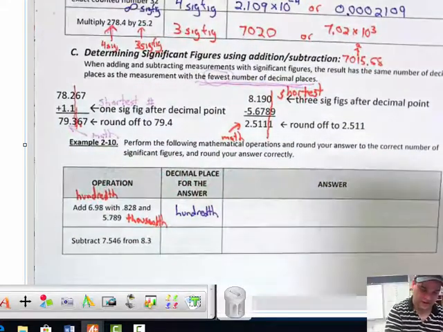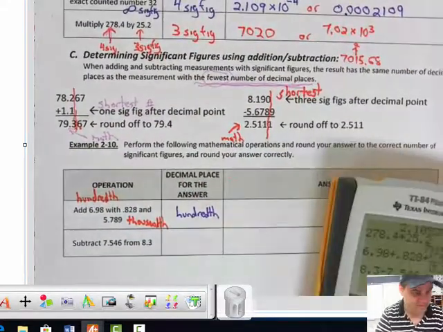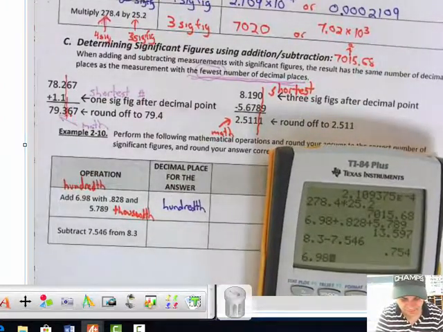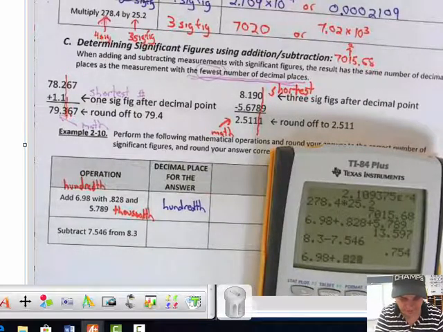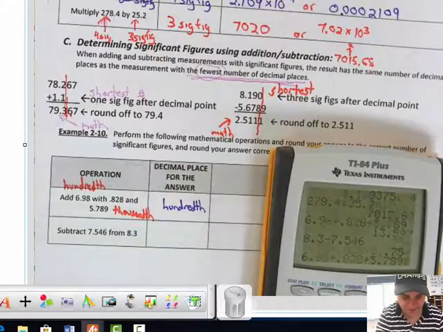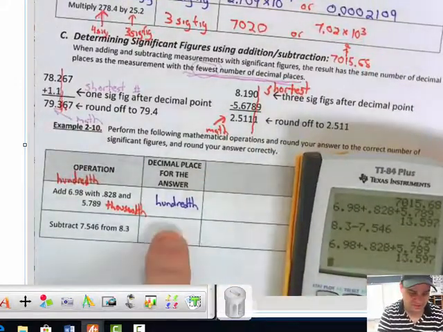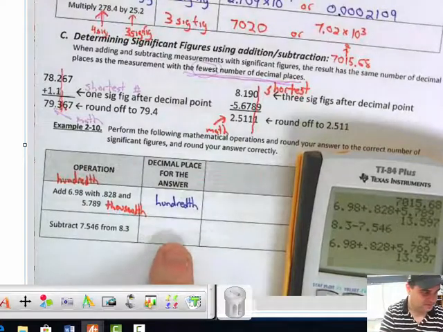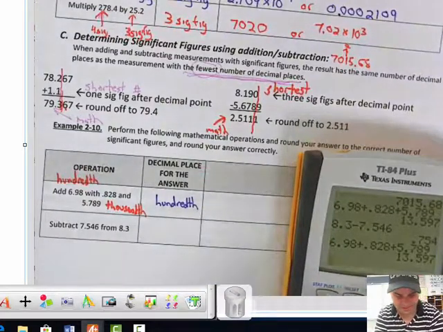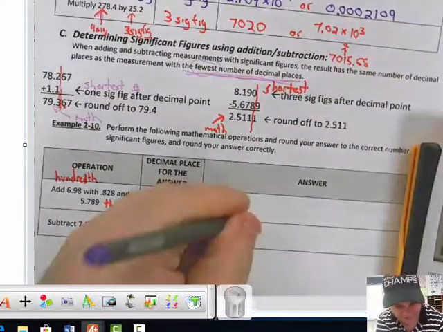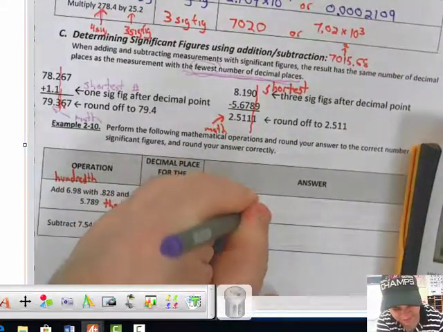That is where I'm going to round my answer to for significant figures. So I'm going to do 6.98 plus, gotta type the numbers in right, Mr. Aaron, 8.28 plus 5.789. I get 13.597. I'm rounding to the hundredths place. Yes. So the 7 rounds this up to a 6. So my correct answer for this is 13.60.